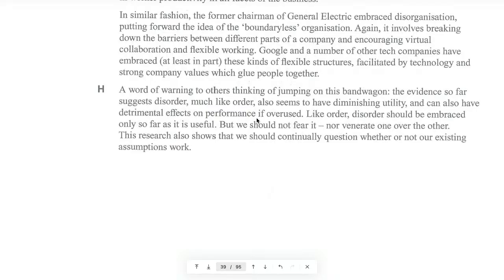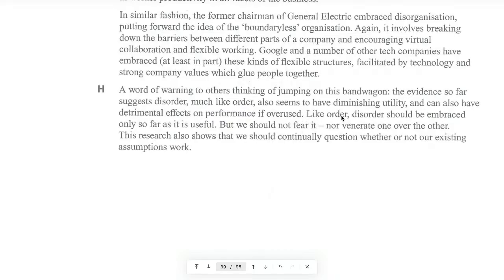That means that if, for example, you apply too much order to a certain point, at first it might be very helpful, but then after that, if you keep increasing the order level, then it doesn't help at all, or just increases the cost. The same case for disorder. At first it can help, but if it reaches a certain level, if you overuse it, then it can be very harmful.